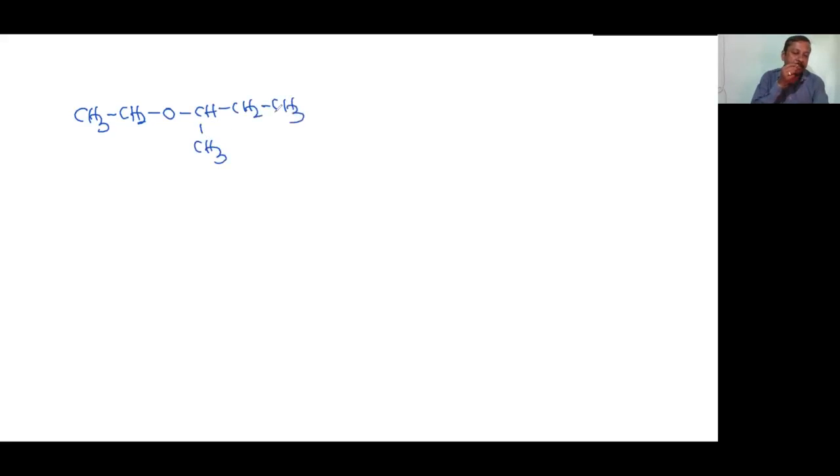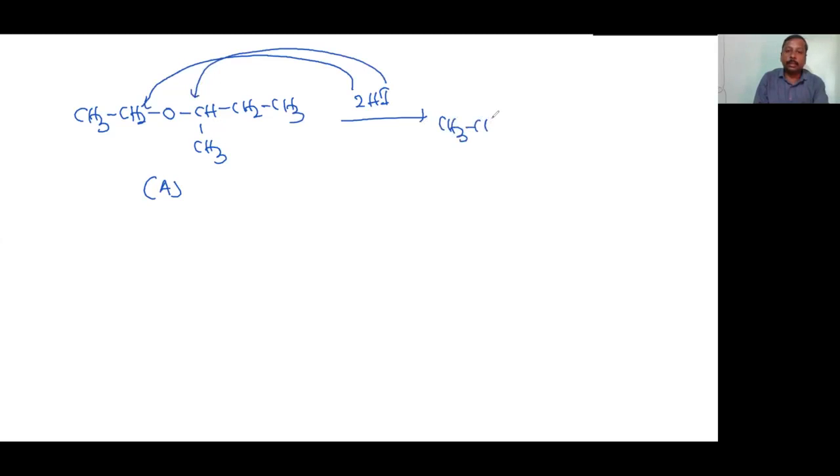Now I will check whether it is suitable or not. If it is A, when it is heated with 2 moles of HI, one iodine will go here and another iodine will go here. So it forms CH3CH2I, and it forms CH3CHICH2CH3, and here also CH3.